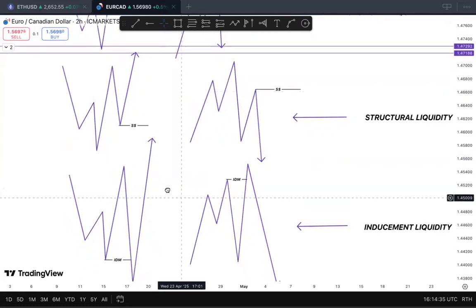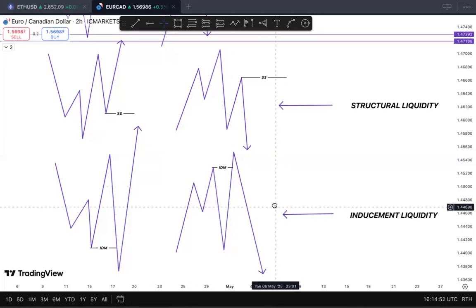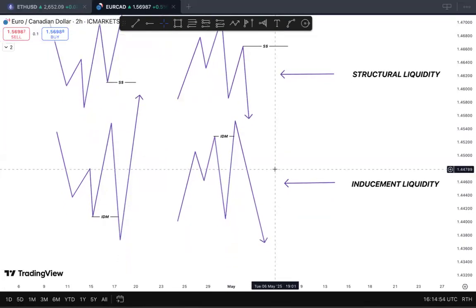And structural liquidity, which is the liquidity that is engineered by markets, that is needed as fuel to take price from a supply to a demand. And inducement liquidity is the liquidity that, in the absence of structural liquidity, the sweep becomes. So price is going to induce.